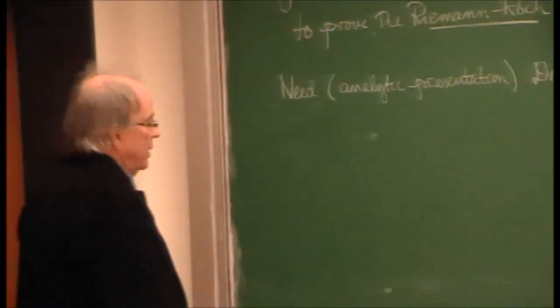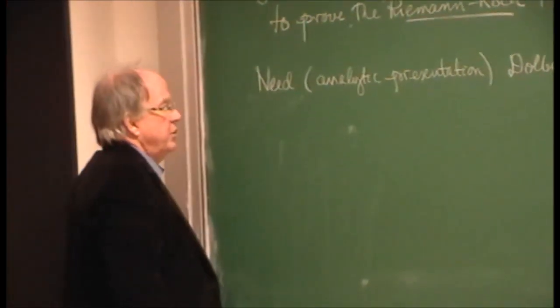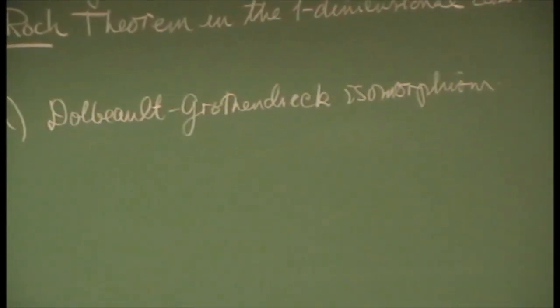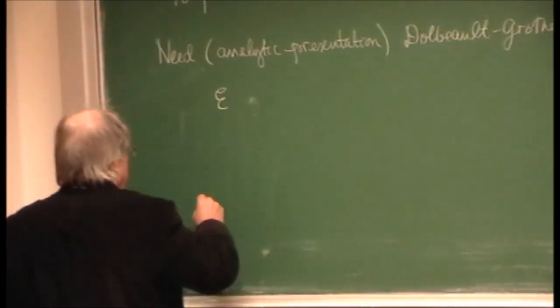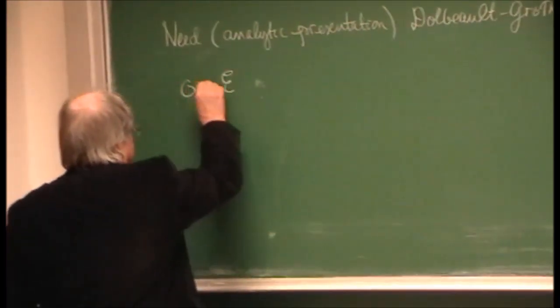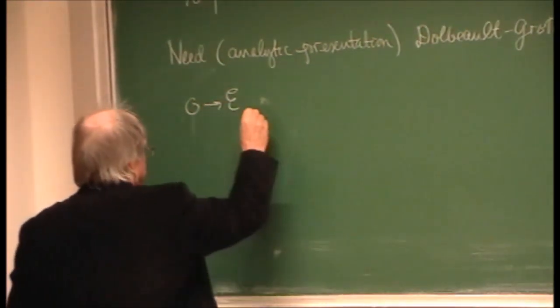I introduced this morning, but let me just remind you what that is, and say it in complete generality. For example, you have a holomorphic vector bundle, and E is the sheaf of germs of holomorphic sections of that vector bundle.